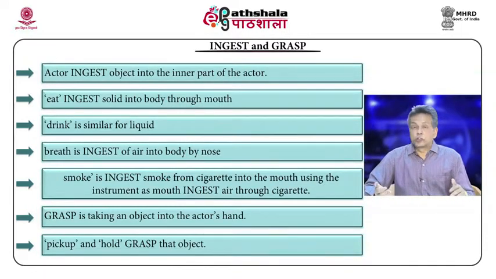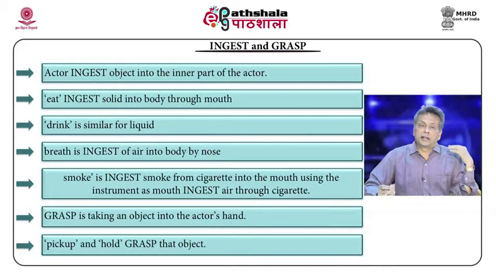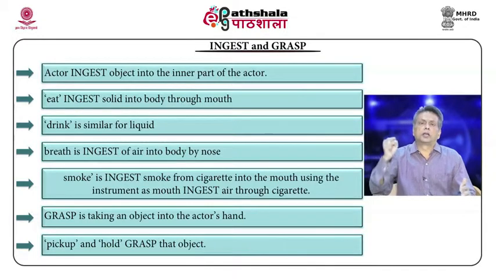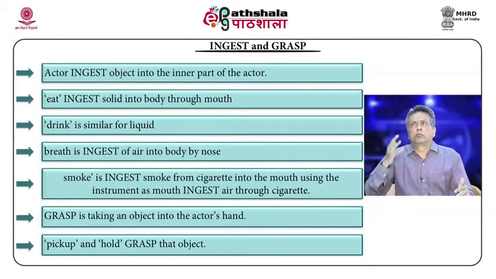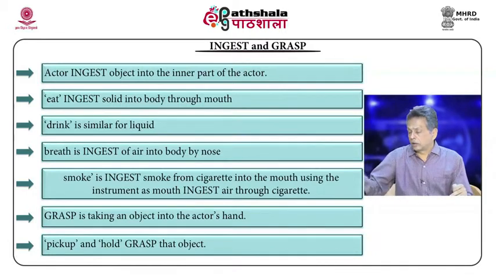Smoke is ingesting the smoke inside the lungs. The next one is called grasp, which has very clear meaning. So, you do not need to worry more about grasp. Grasp is picking up something, holding it. So, if you use verbs like pick up, hold and all that, if you want to represent them using CD, you will use grasp as the primitive.